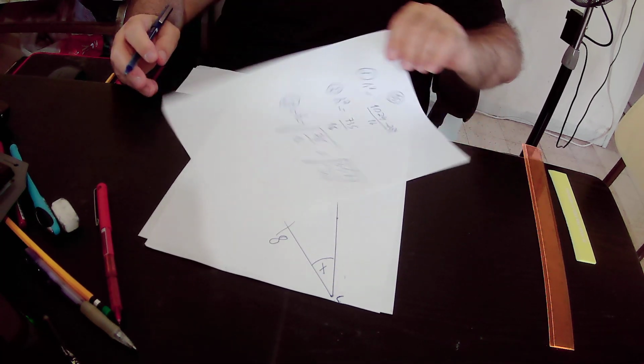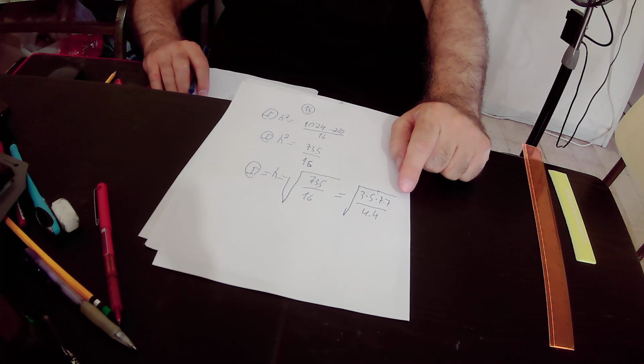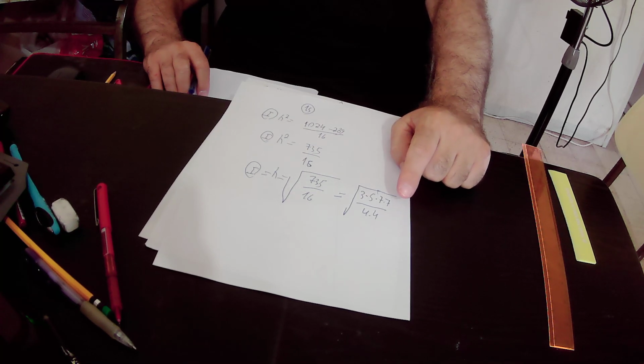Okay, so h equals 3 times 5 times 7 times 7 over 4 times 4. The root of 7 times 7 is 7 and the root of 4 times 4 is 4.